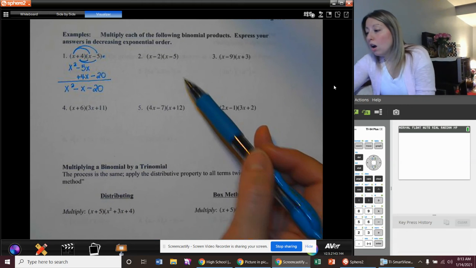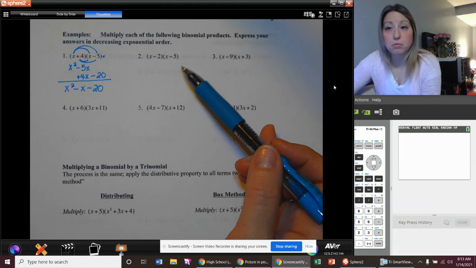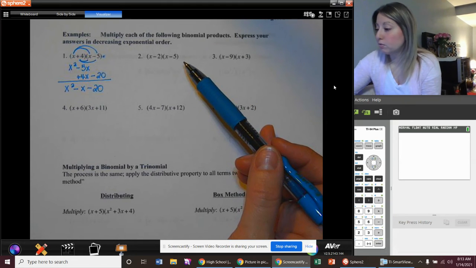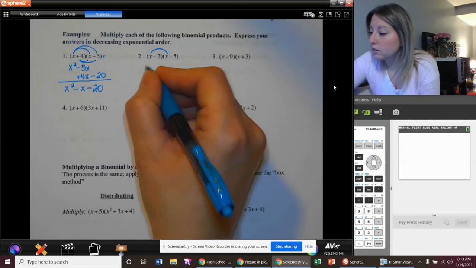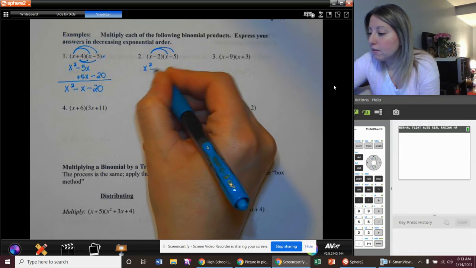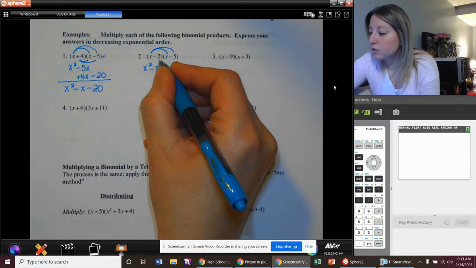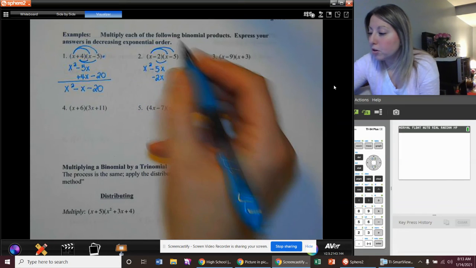Okay. In number 2, I notice right away that these have the same sign in the binomials. They're both minus, right? So let's see. Let's start with first, right? X times x is x squared. X times negative 5 is negative 5x. Now I'm going to do the same thing I did before. So negative 2 times x is negative 2x. So I'm lining up vertically.